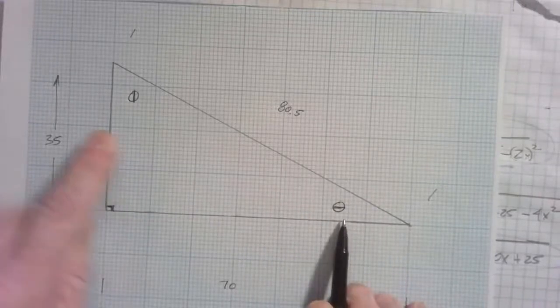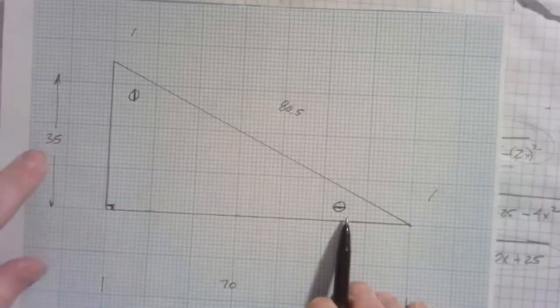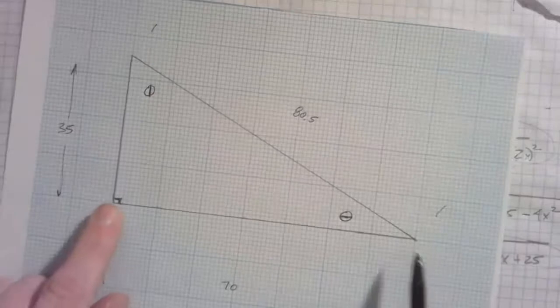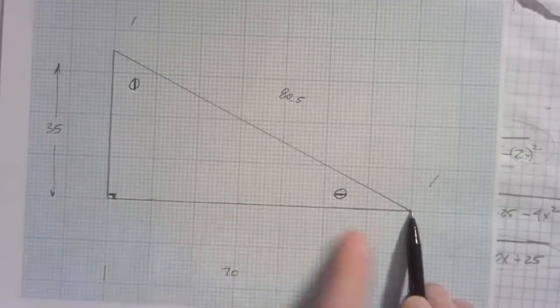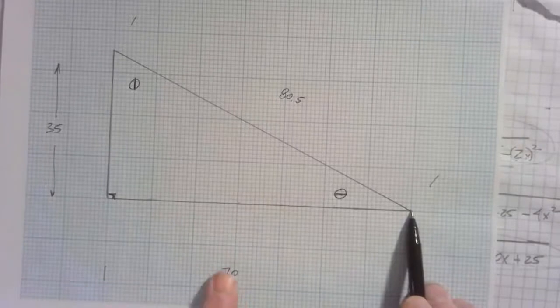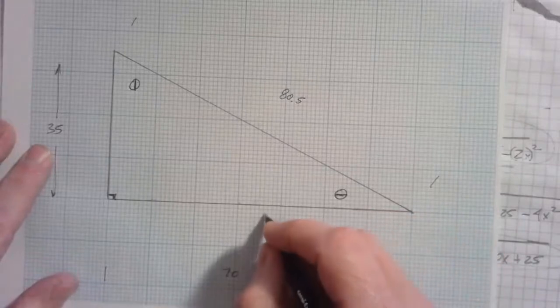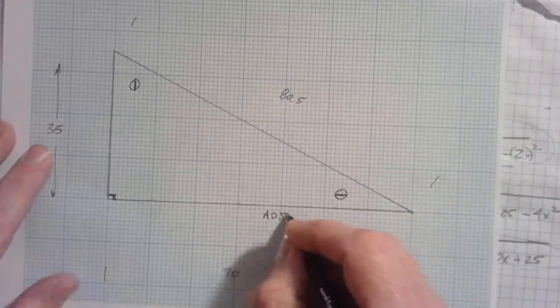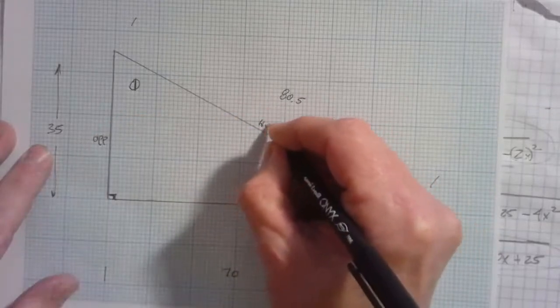But for now, let's just look at this side over here, not even worry about what it's named. It's 35, divided by the size of this side here. So we'll label these. For this angle, this is the adjacent side. This is the opposite side, and of course this has to be the hypotenuse.